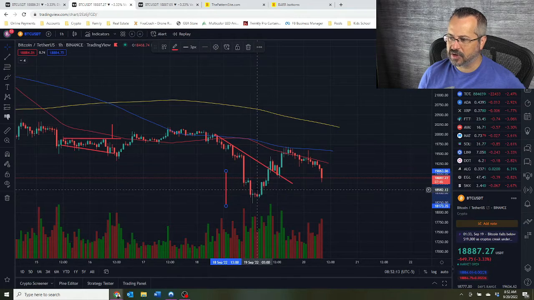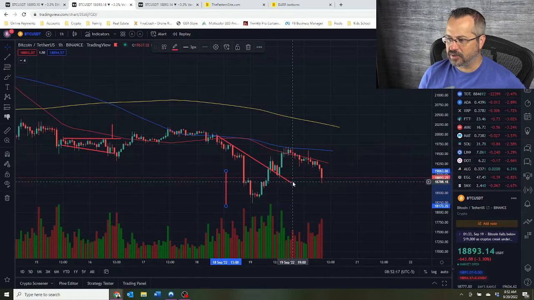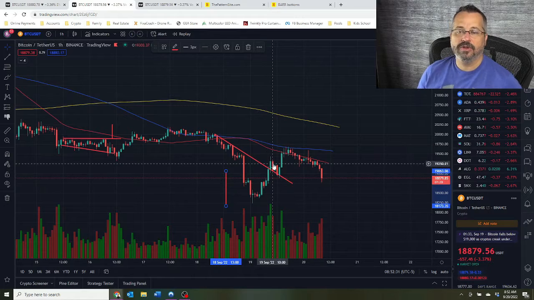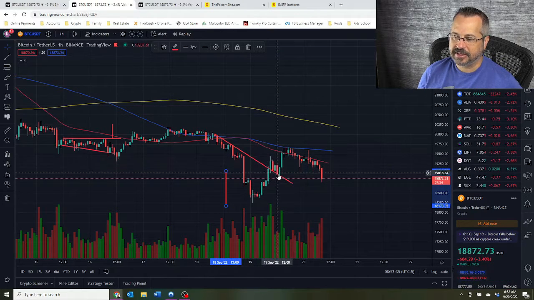So this is when I started watching it, and I continued this trading channel upper trend line through the entire pattern. What we would look for is Bitcoin to break above this trend line, come down and test the trend line, and then come back up.